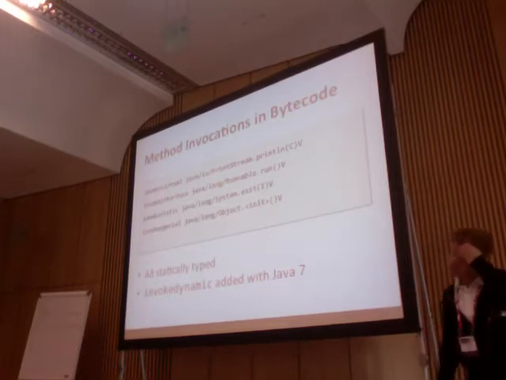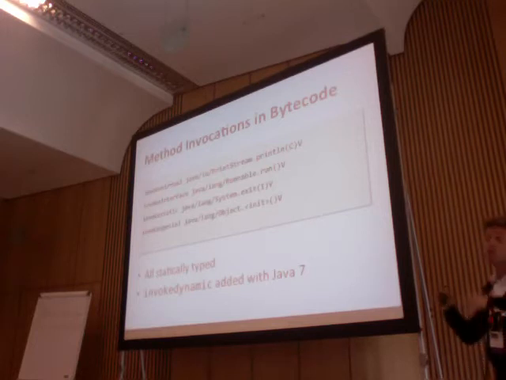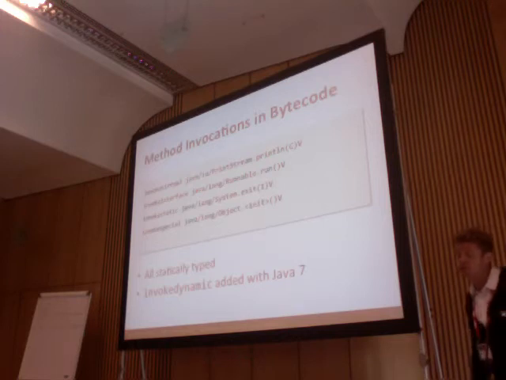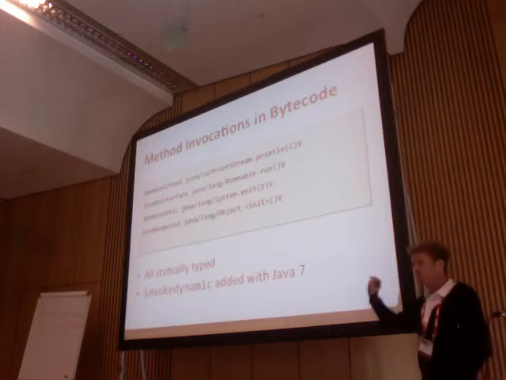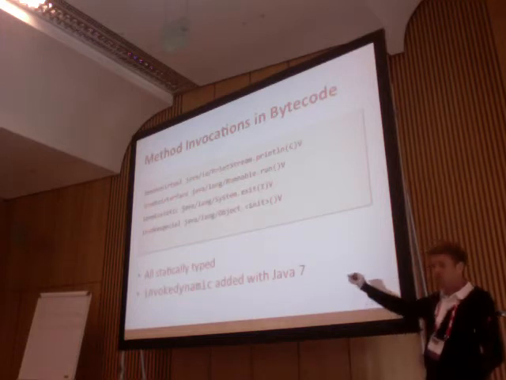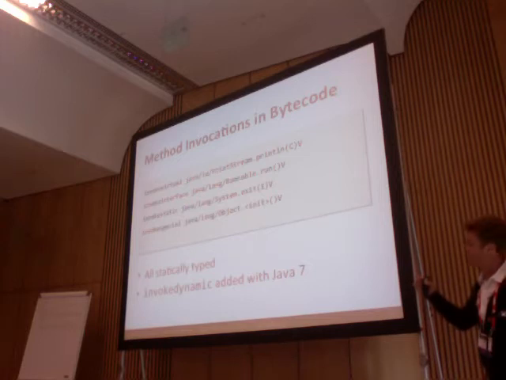And this does not fit very well to the new kind of dynamic languages we see, like Python. So a new opcode was added called invokedynamic. Interestingly, this was already added in Java 7, but it was not used by the Java language itself. It got used now by Lambdas in Java 8, you will see.